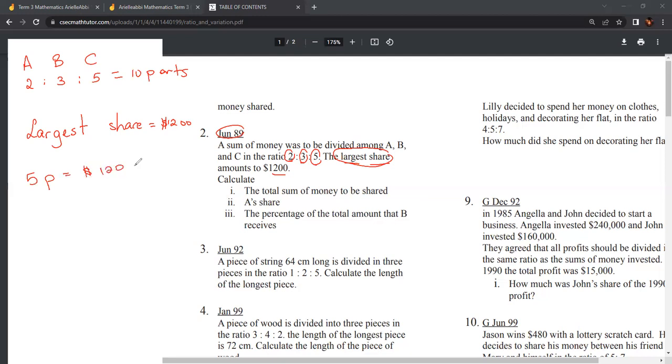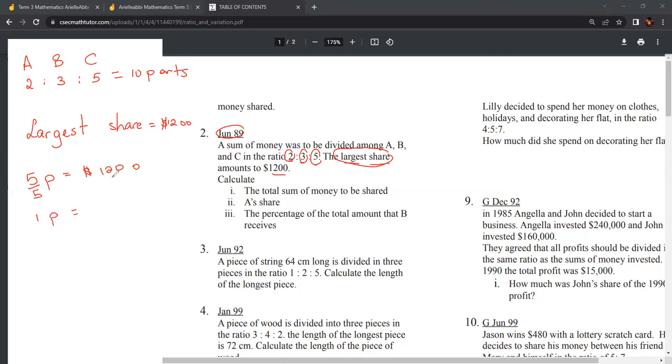So what they do is they give you some piece of information, whether it's the total or the value of one of these shares. And you have to use that information to find for one. And then you could find for any amount that they want. So in order to make this one, I would divide by 5. 5 divided by 5 is 1.